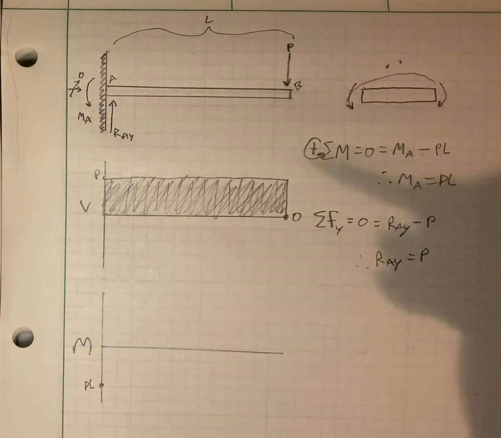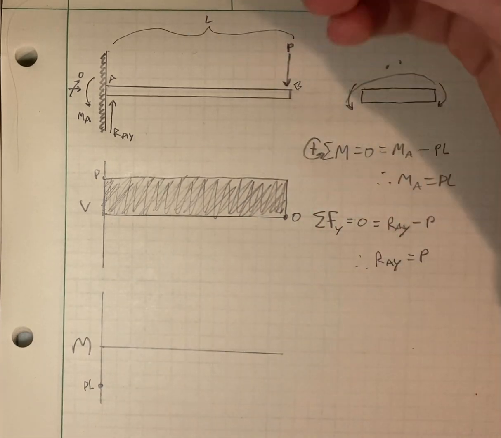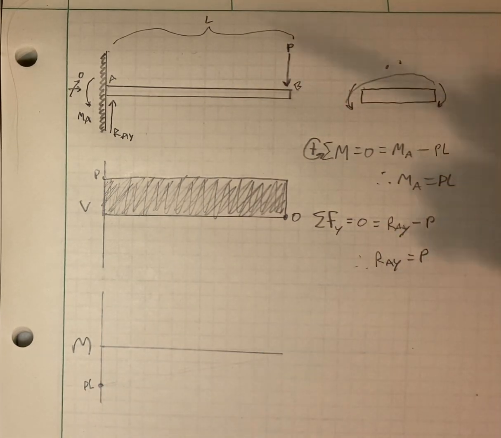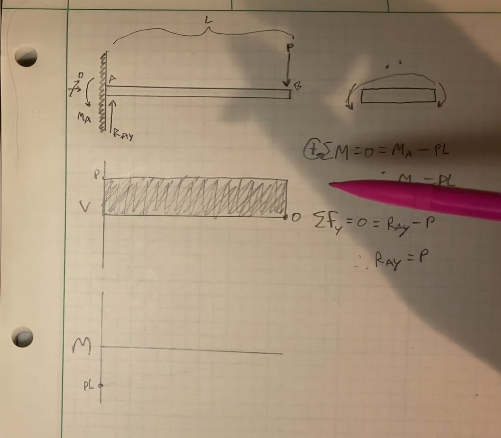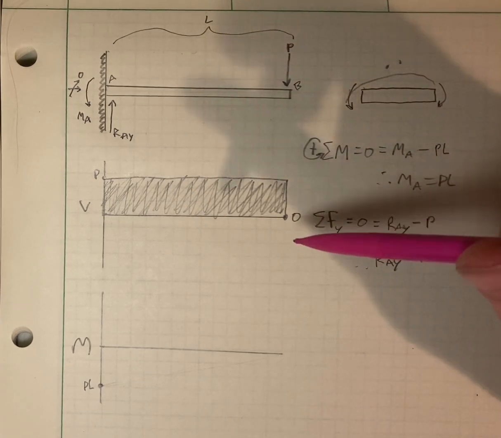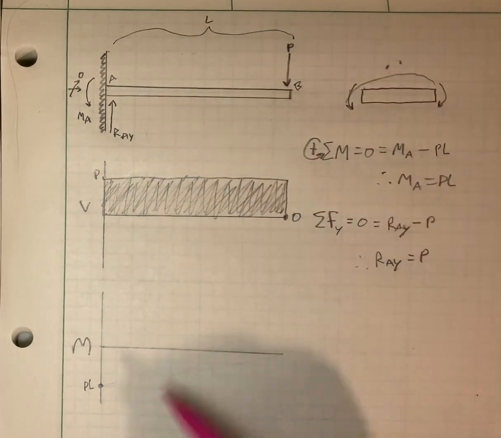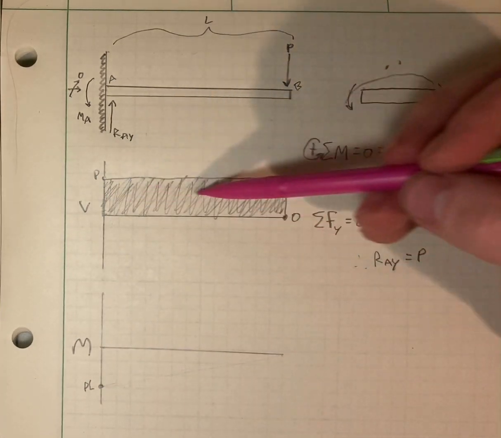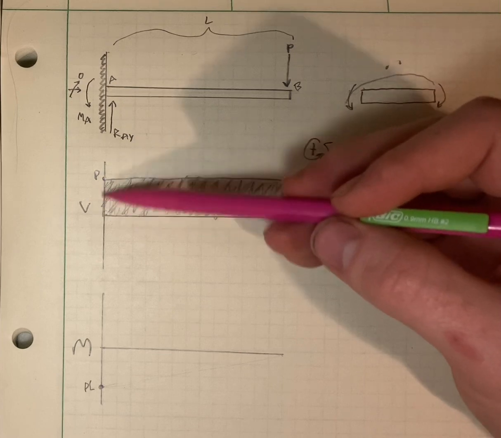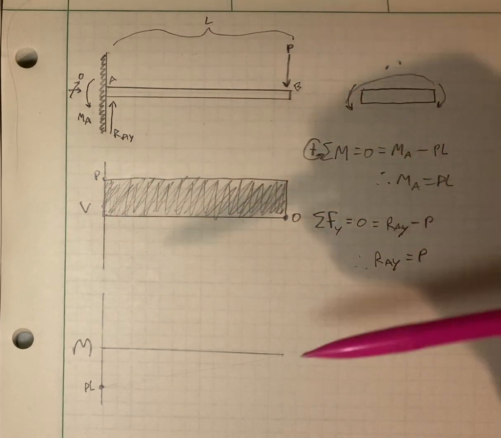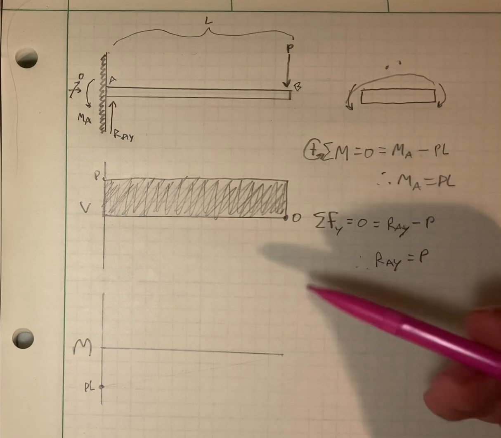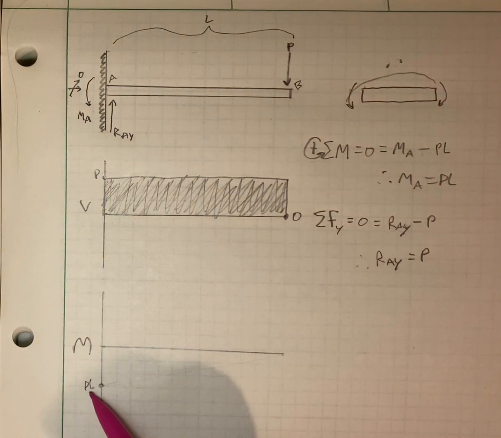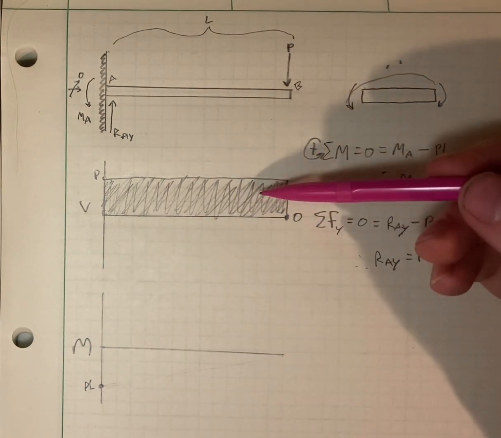And then there's two ways to think of it from here. Either you just know that there's no other moments, so it's going to just go straight back to 0, just like that in a line. Or you can think of it as the slope of this line, or the amount that it goes up, being the value of this area, right? So this magnitude P times the length L will get you P times L. And so we got to go up P times L because this is positive, right?